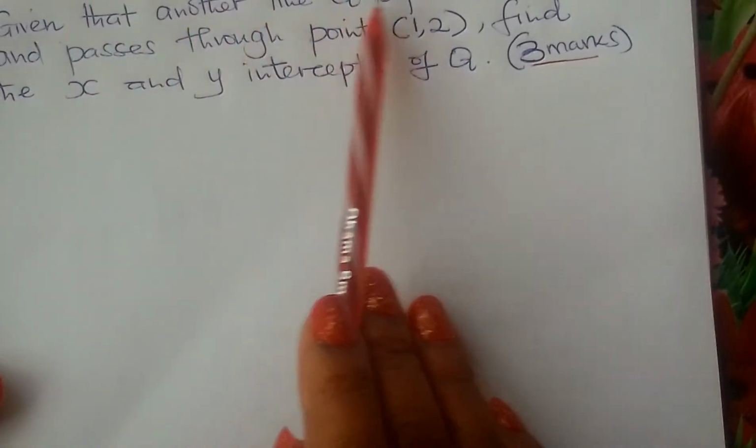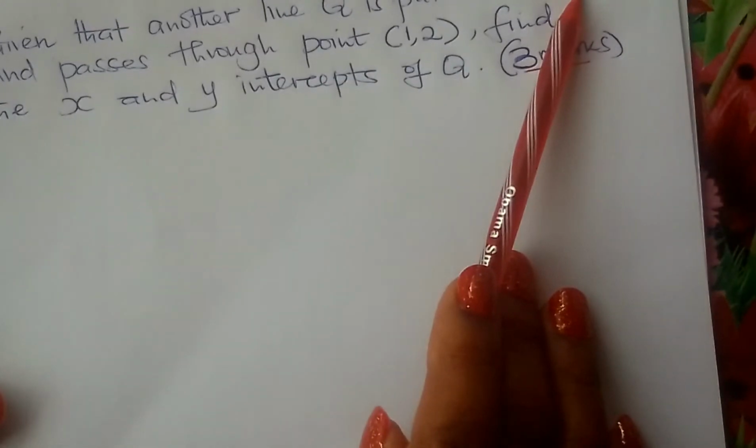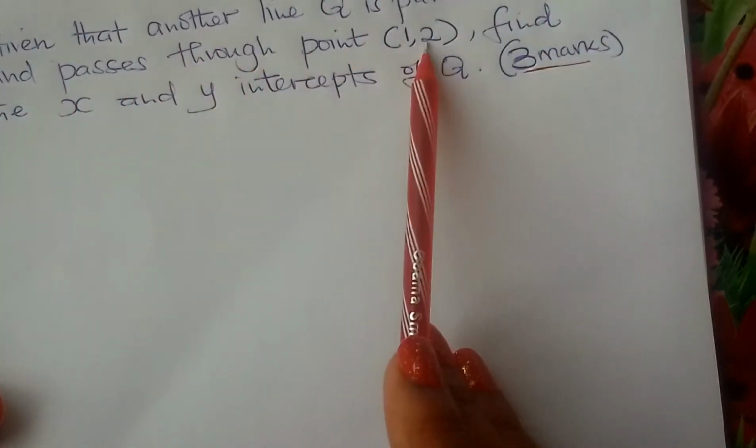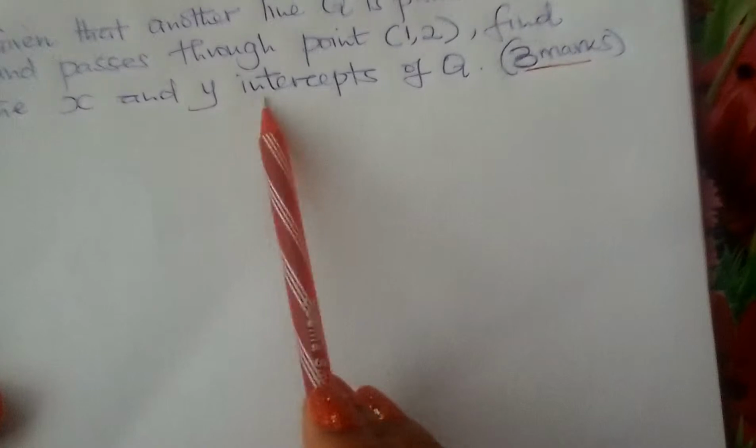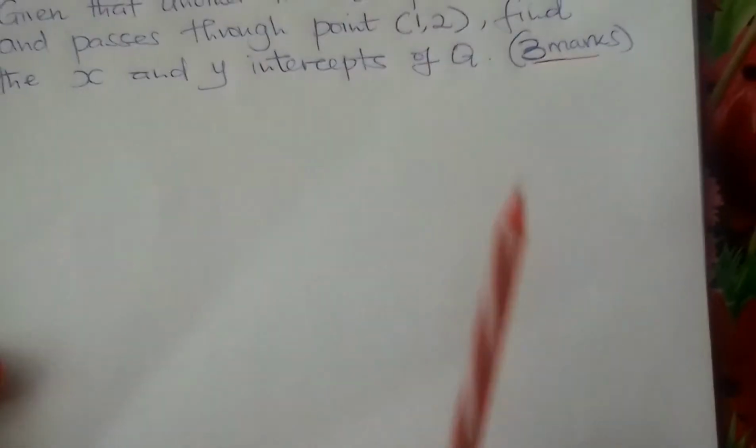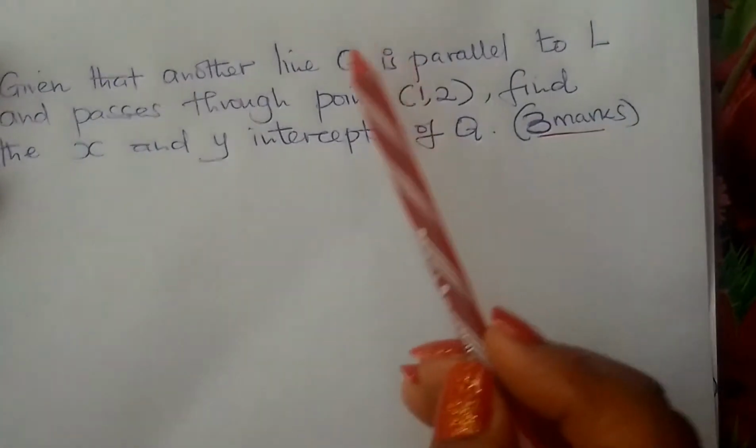Given that another line Q is parallel to L, learner, and passes through this point, find the x and the y-intercepts of Q. Learner, we can rewrite this.